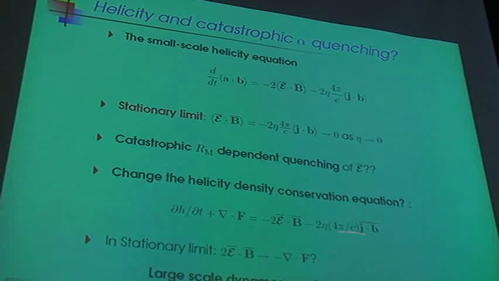If I can have such an equation, then in the stationary limit I could imagine that the component of the turbulent EMF parallel to the mean magnetic field is not balanced by this term, which is catastrophic for me, but is balanced by this term, which is a flux of helicity. So what all this suggested was that somehow one needs to have helicity fluxes to make large-scale dynamos work.